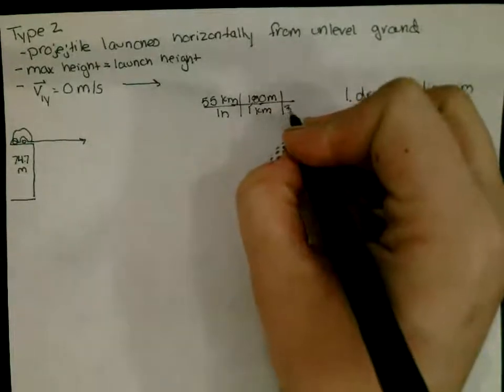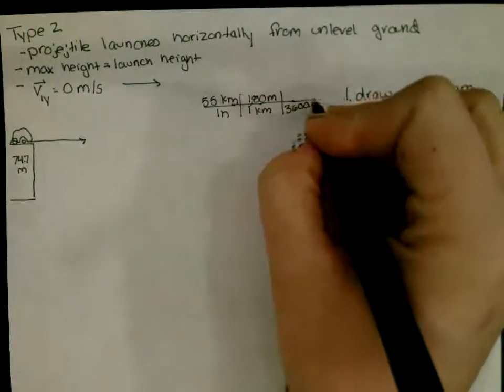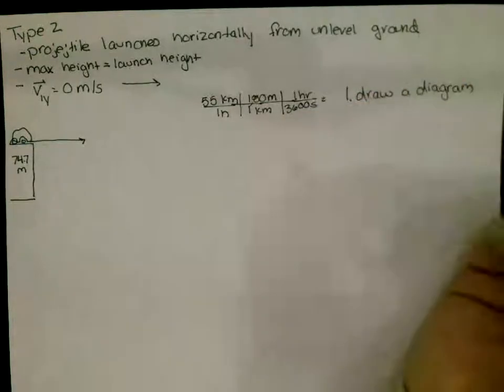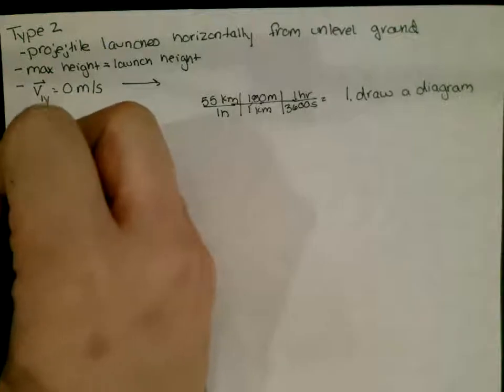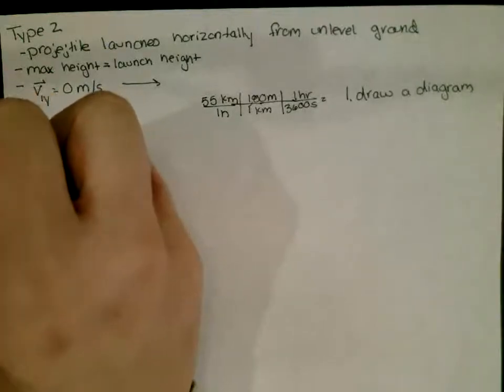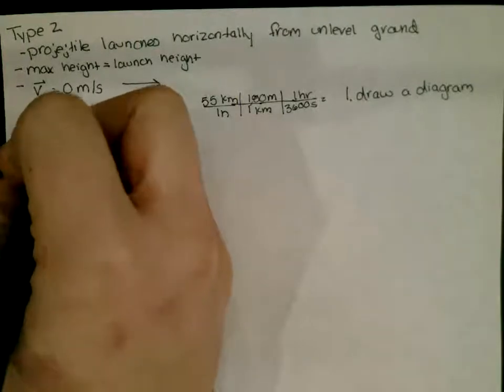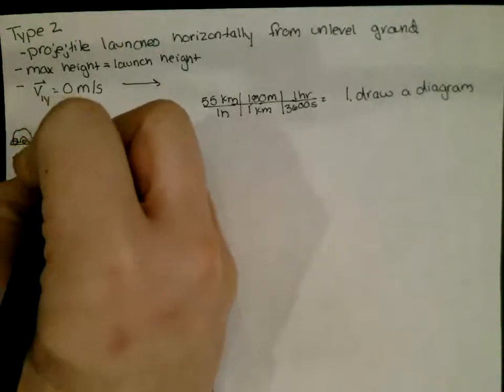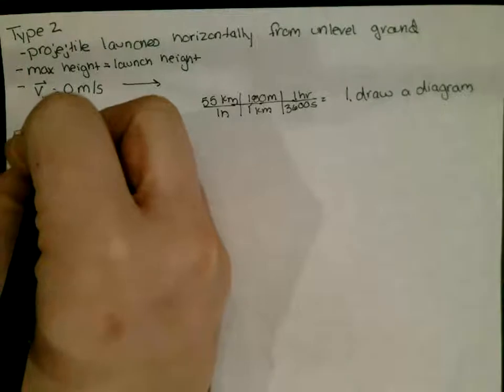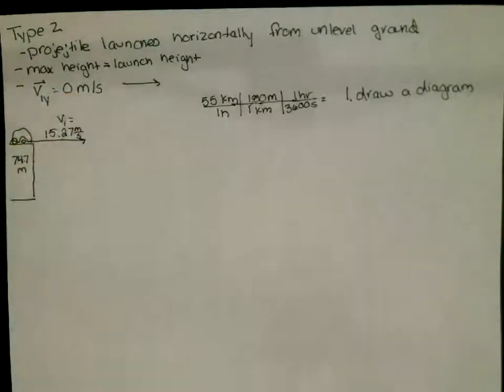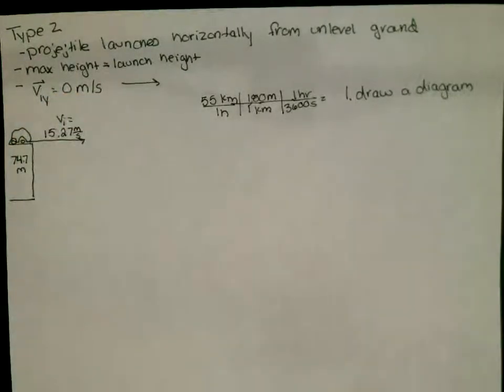And in every 3,600 seconds, I have 1 hour. So I'm going to get that my initial velocity when it goes off that cliff is 15.27 meters per second. So there's my initial velocity.